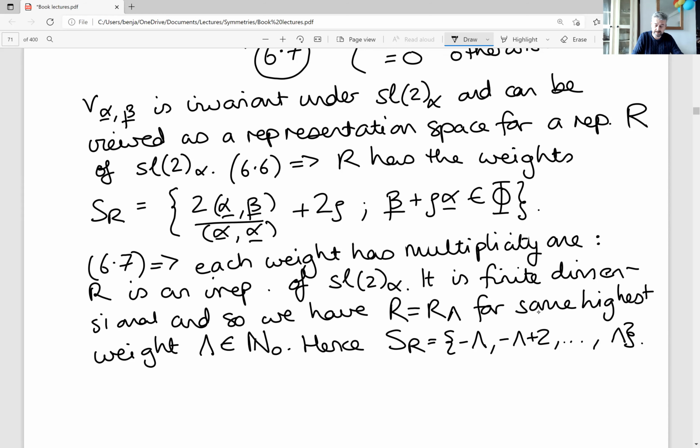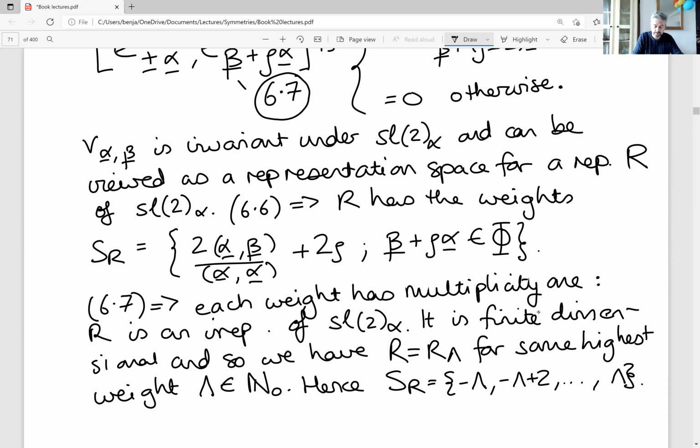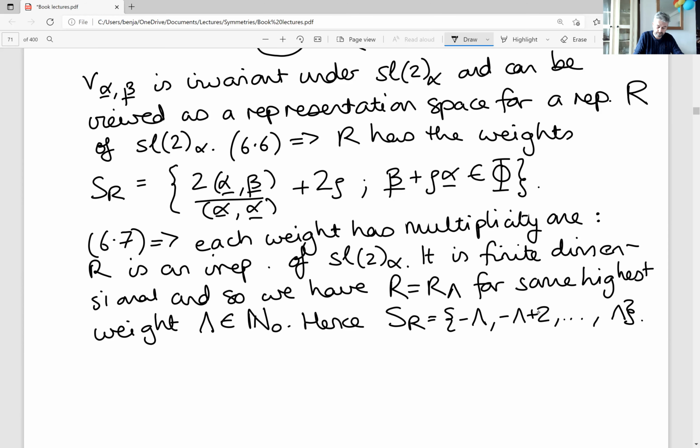And so what this means is that rho has to go between different integers. So rho is valued in the integers, as we know, but it goes between some positive number and some negative number, where the numbers are integers.